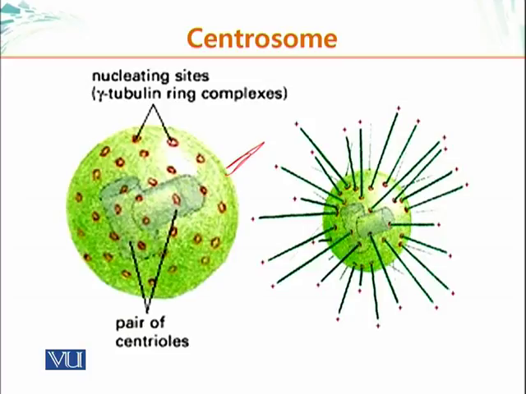As I drew earlier, the minus ends of microtubules are attached to the ring complexes, and the plus ends are away in the opposite direction of the minus ends. So this centrosome basically ensures that microtubule array is organized. Not only does it nucleate microtubules, it also organizes the microtubule array in many cells, and relative to this microtubule array, different organelles can be placed in the cell at specific locations.